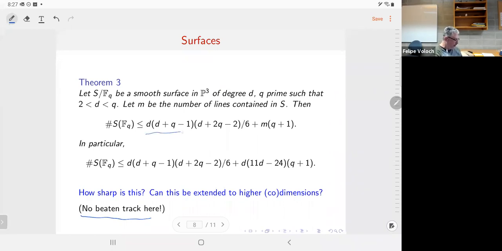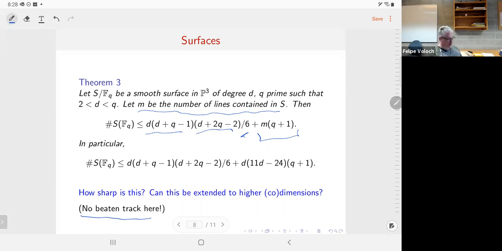Those two factors already occurred for plane curves. There's an additional factor. You can't expect it to be linear in q, right? You expect the number of points on a surface to be of the order of q squared. So it's not surprising there's another factor. There is a thing that you divide by. And then there's a very new thing that didn't appear in the previous case, which is this extra term, where m is the number of lines contained in S, the number of lines defined over F_q.